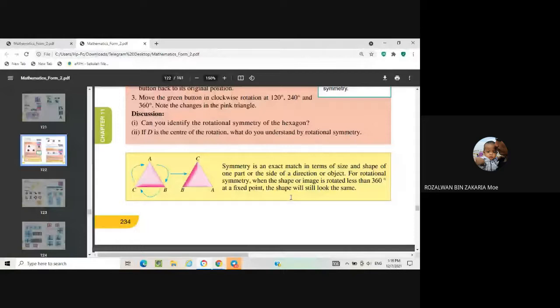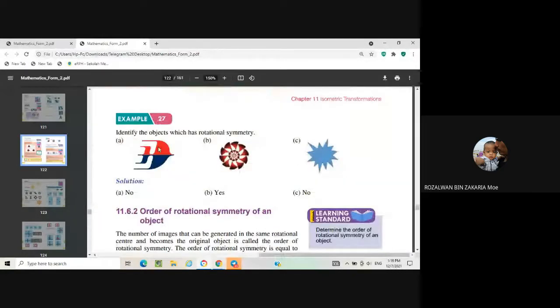Now look at this one. Example 27. The question asks you to identify the object which has rotational symmetry. The first one, A: yes or no? As you can see, the answer is no. And for B, yes.